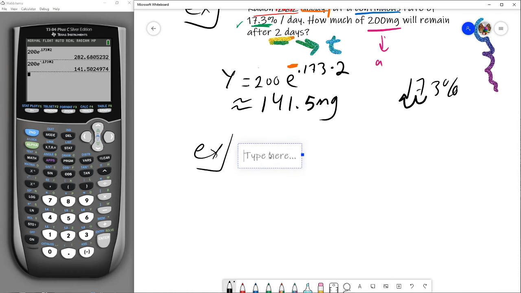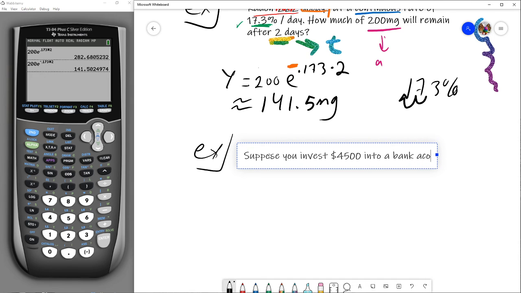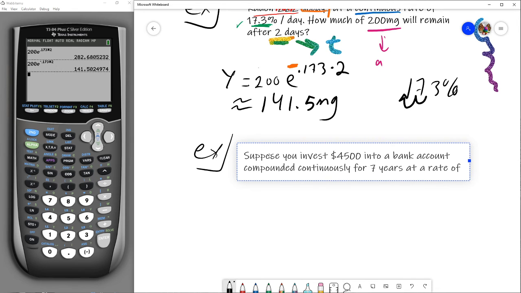Suppose you invest $4,500 into a bank account, compounded continuously for 7 years at a rate of, let's be generous, 3.14%. How much is your account worth?